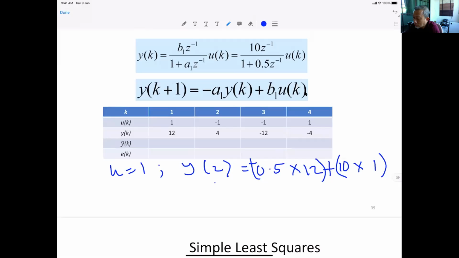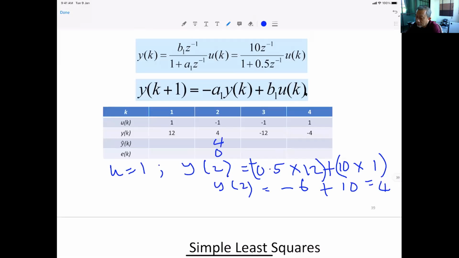So what is the value of Y2? Minus 6 plus 10, so it's equal to 4.